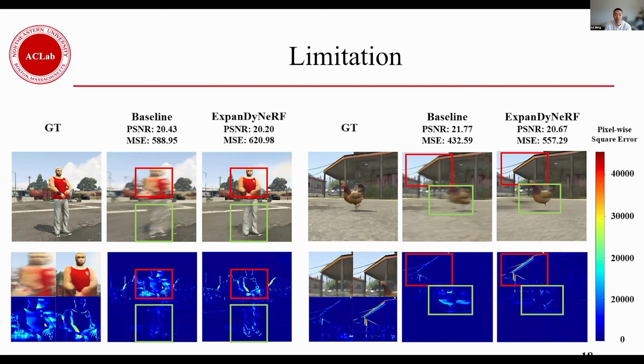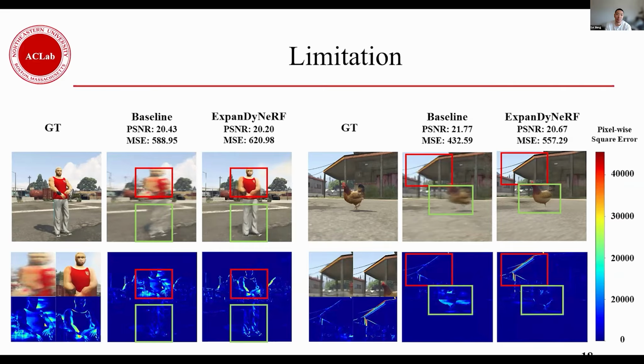For some actions, if the action is really difficult and moving really fast, it is really hard to capture and build the temporal consistency between the different frames, because we basically use the 3D prior to generate the 3D prior for each frame.